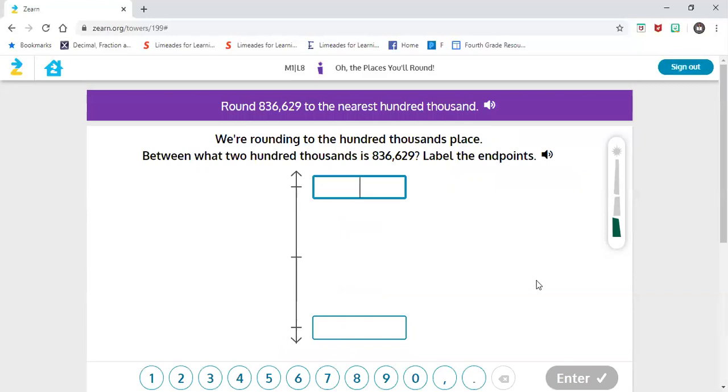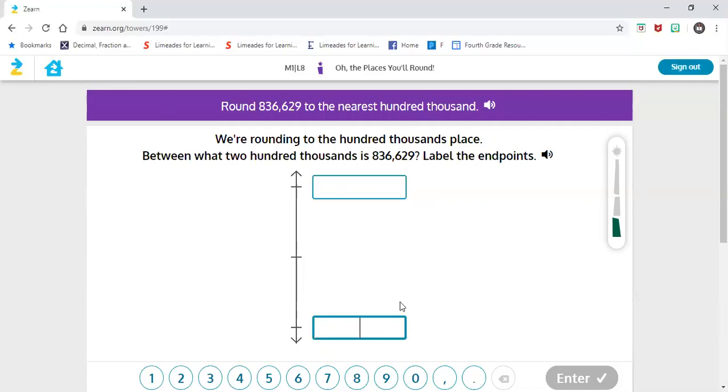Okay, so this time they're going to have us rounding to the nearest 100,000. Because remember, in this lesson, we have to be able to round to multiple place values. So we're going to round to the 100,000th place. So first I need to find my 100,000s. What number is in my 100,000th place? Ones, tens, hundreds, thousands, 10,000, 100,000.